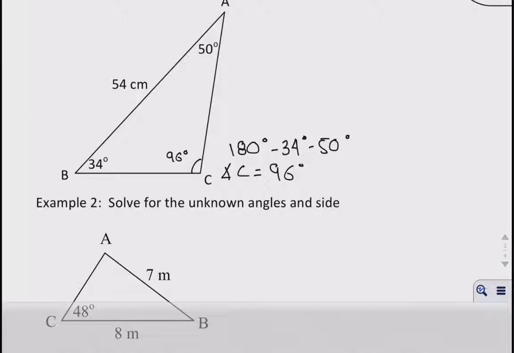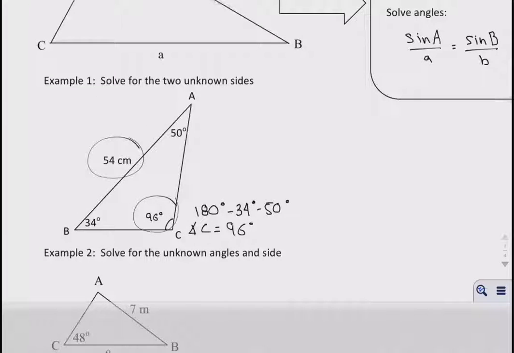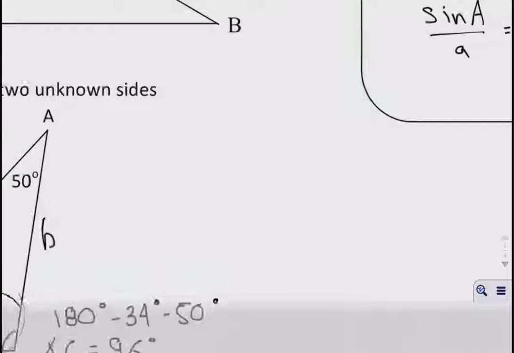And now I have a matching pair. I have the 54 and the 96. To set this up, I'm going to rewrite my sine law with the side I want to solve for. So in this case, let's write in the sides A and B again and write out my sine law.